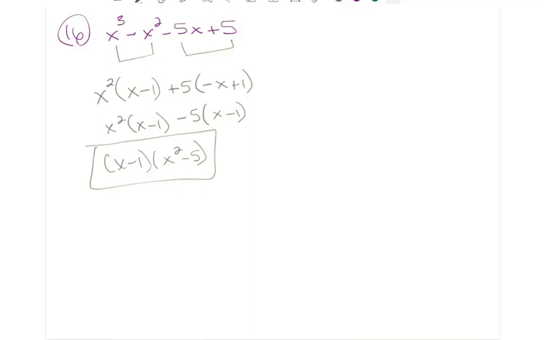You guys got any other ones? Which one? 14? I think we can put it over here. I think we got room.